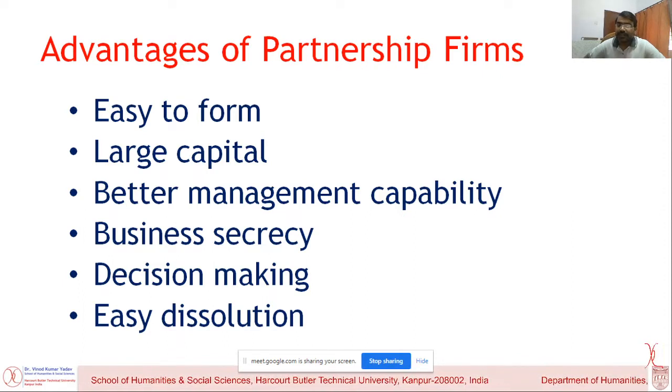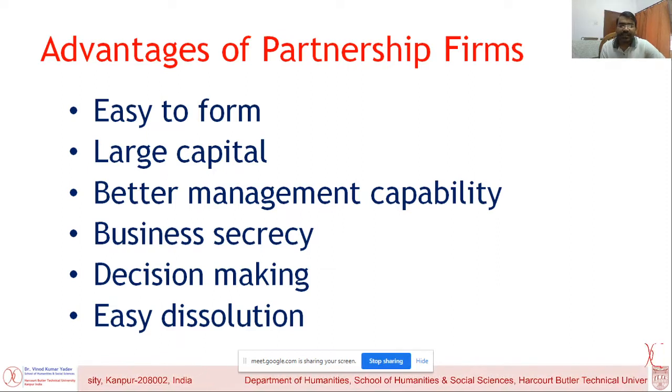It also gives you a large pool of capital, because in sole proprietorship you have one person's credibility and credit capacity. In this one, all partners come into the picture and their individual credibility and capacity is clubbed together. So a large capital pool is there for the business.